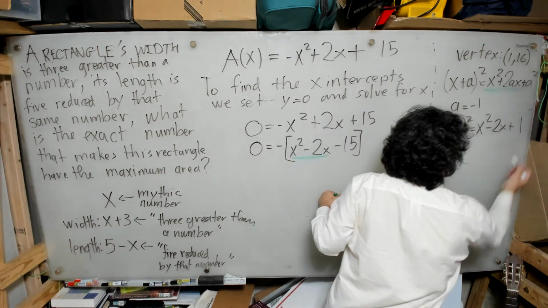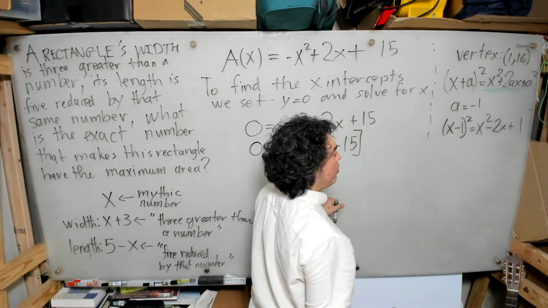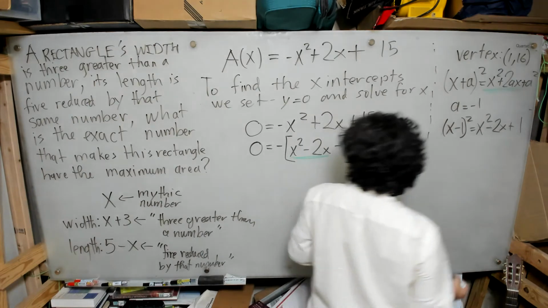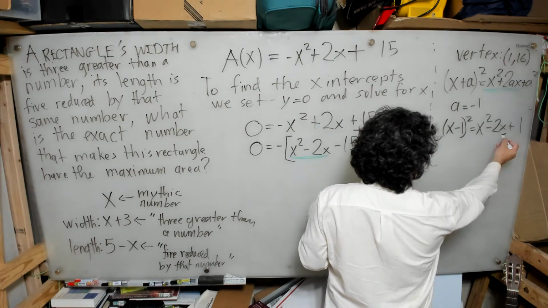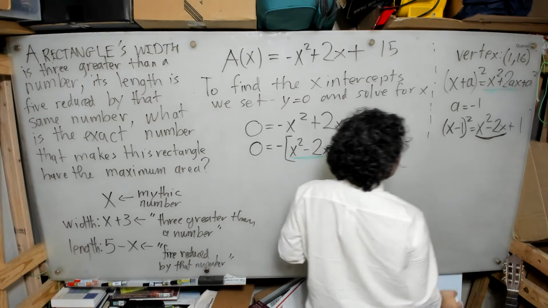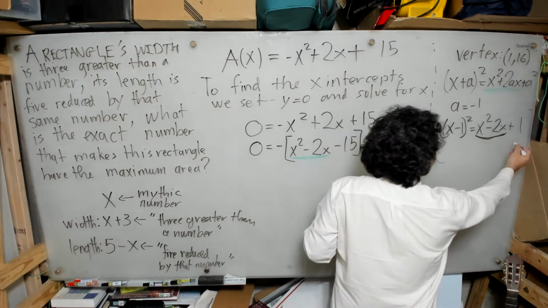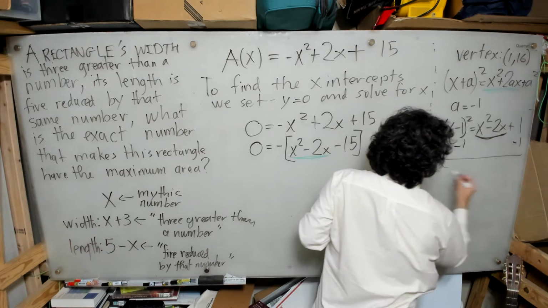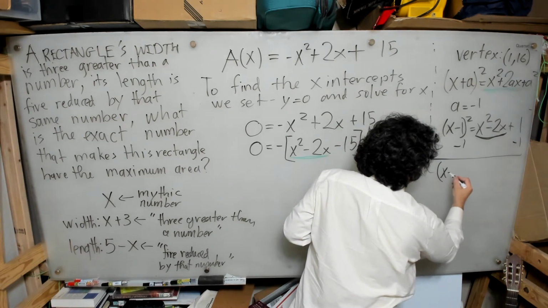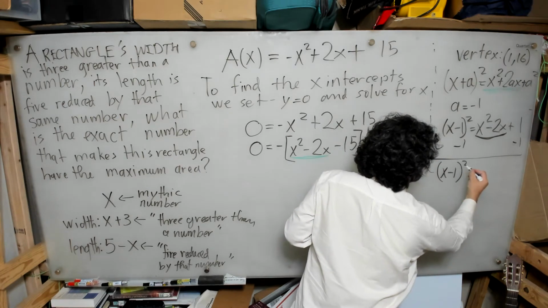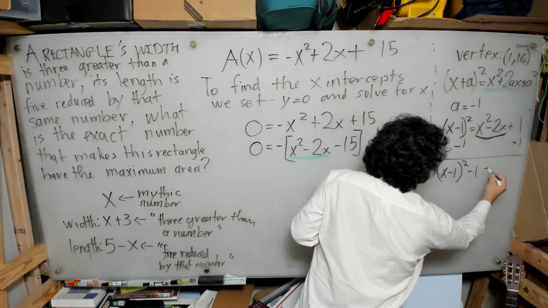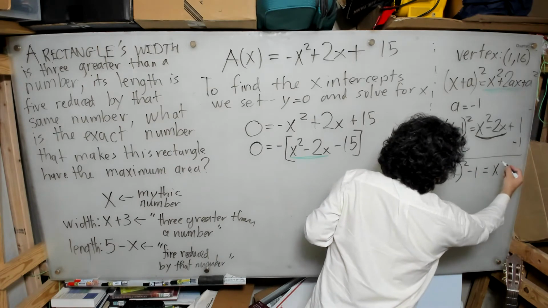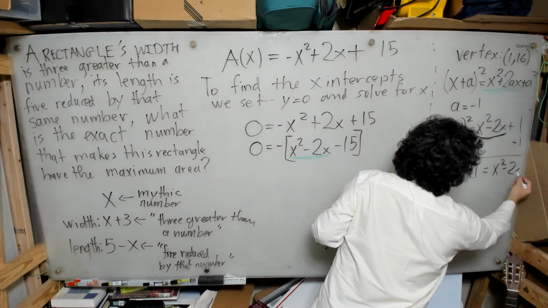So this becomes x squared minus 2x plus 1. So now we have figured out a way of representing x squared minus 2x. I'm going to subtract the 1 here and subtract the 1 here. That's going to give us that x minus 1 squared minus 1 is equal to x squared minus 2x.